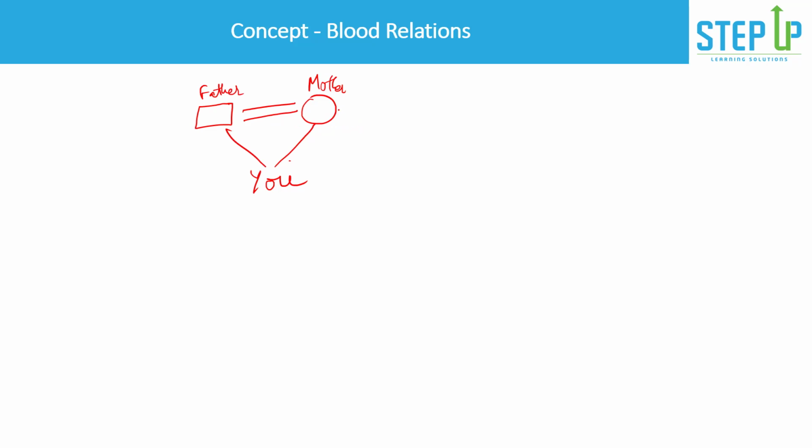If I were talking about your mother's brother, that means your uncle, we will put the sibling direction like this. If you have a brother, you can put it like this. You have a sister, another sibling, you can put it like this. Very simple. Your father's sister would be like this, and father's brother again like this.